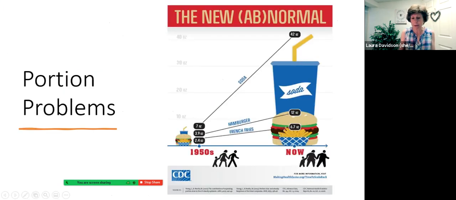And this has become a problem. I think the type of food, I think availability of food, and I think size of portions have all taken a toll on our health. And you can read through these slides and see the impact. The portions have exploded since the 1950s.